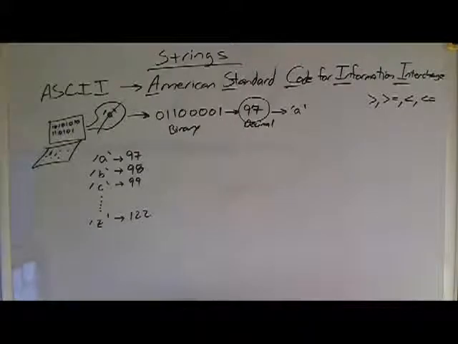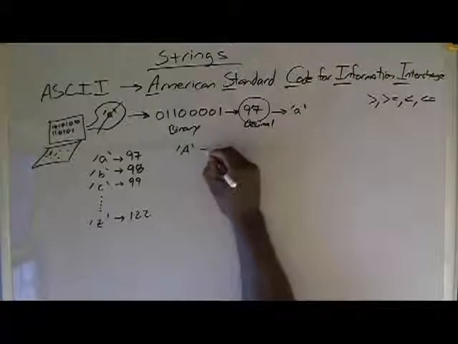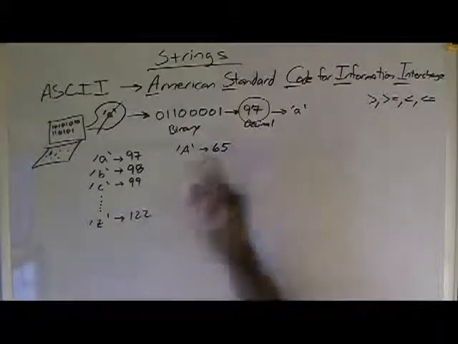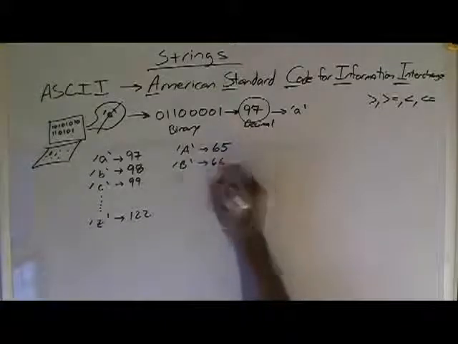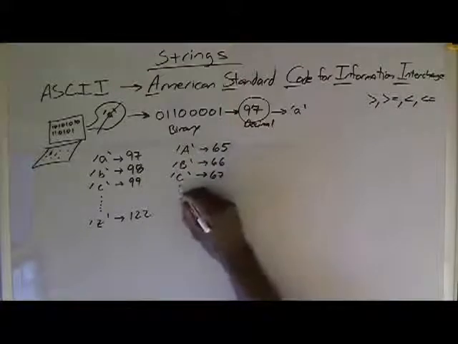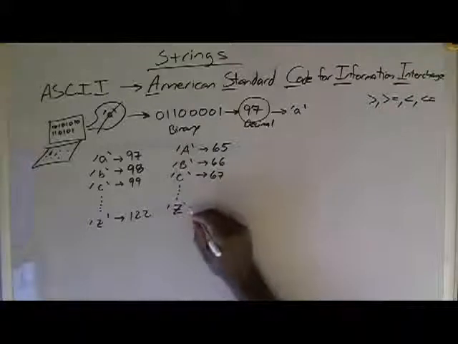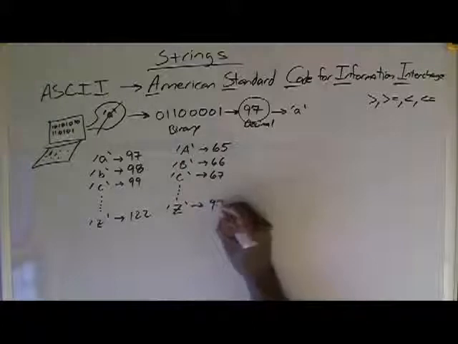If you look at uppercase A, it actually starts at ASCII code 65, and uppercase B is 66. Uppercase C is 67, all the way down to uppercase Z, which is ASCII code 90.